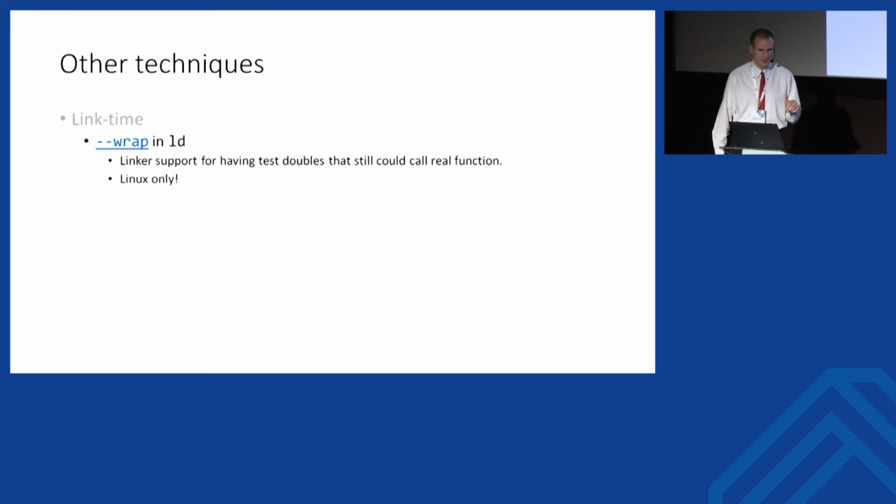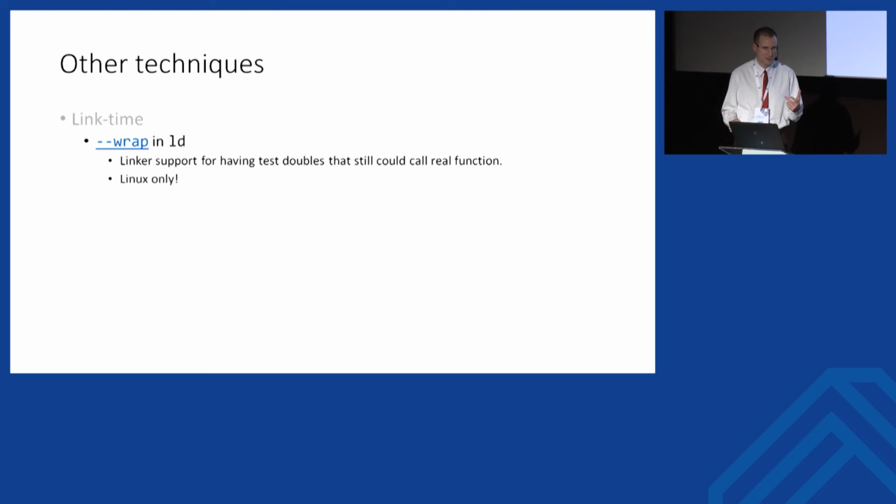You provide the function name with this parameter, and if the linker gets it, instead it expects that the code will use the wrapper name and the real name, and will resolve the name to the wrapper, while the real name it will resolve to the real function. This way you can easily wrap a function in a portable way, because the linker is aware of what you are trying to do. So it's much easier to shoot yourself in the leg with this option.